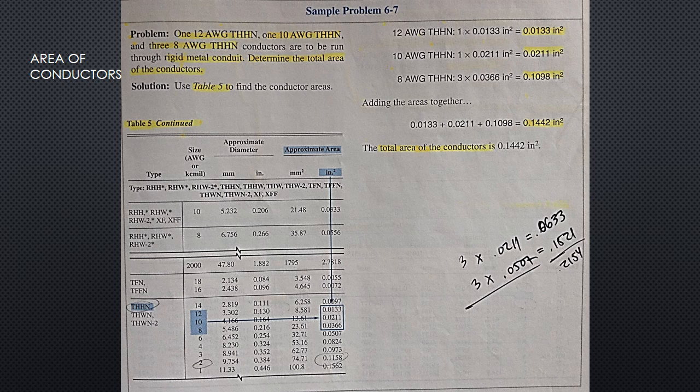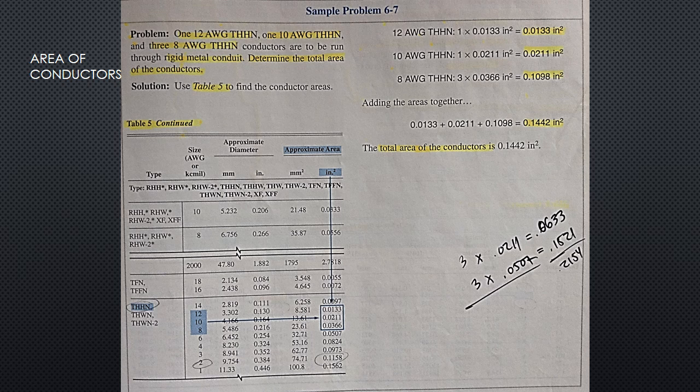You add those up. In this particular example, we have one 12 AWG THHN with an area of 0.0133. For the 10 AWG THHN, we have just one, with an area of 0.0211 square inches.